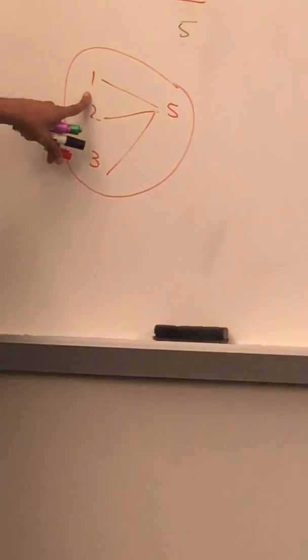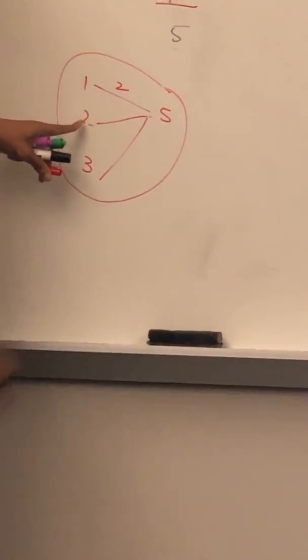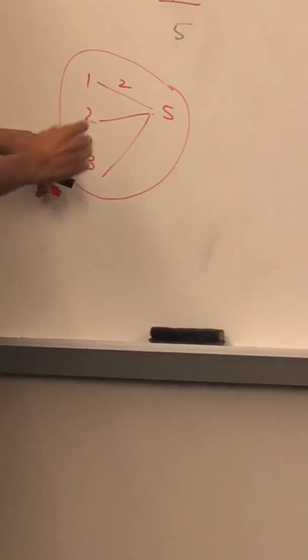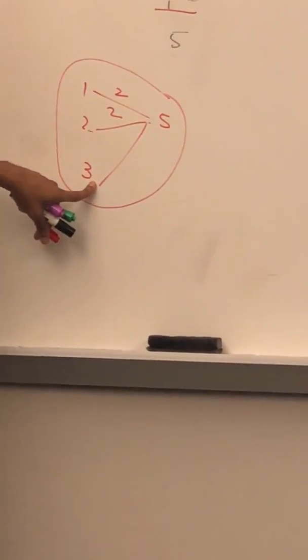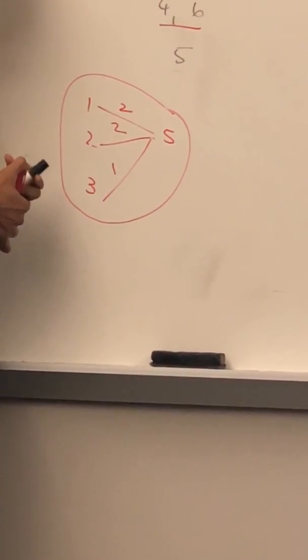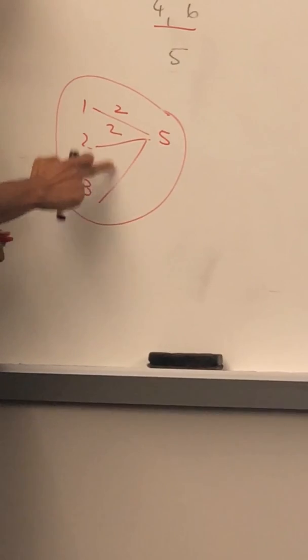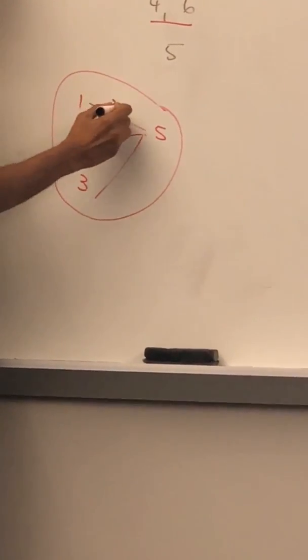So we need to find the distance from 1 to 5. The distance from 1 to 5 is 2. Distance from 2 to 5 is also 2. Distance from 3 to 5 is 1. So the sum of these values, what is that? 2 plus 2 plus 1. Right?